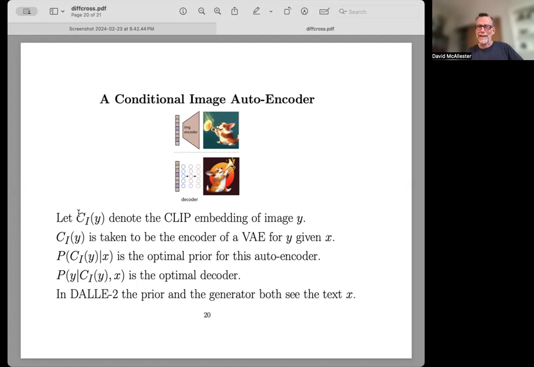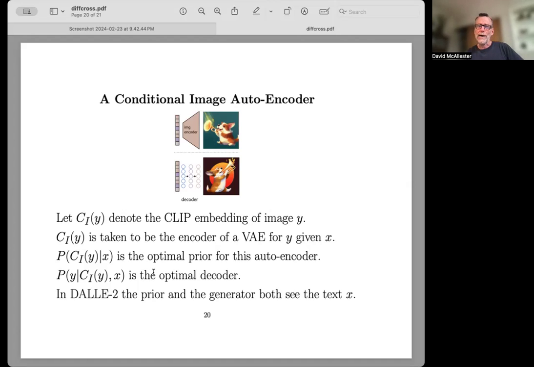So we're not losing anything in principle by taking some arbitrary encoder, except this encoder has been carefully trained to preserve the information in the image that's relevant to the text, right? It's trying to put it into this joint image-text space. But we're going to think of it just as an encoder. So we're going to take it to be the encoder of a VAE. But now the generator is going to have a prior that we generate by sampling from the prior and then decoding what we get.